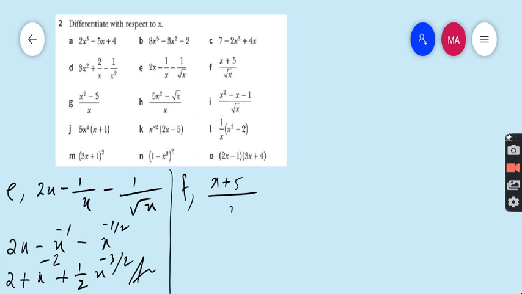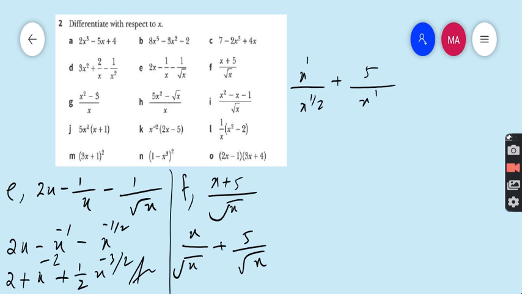x plus 5 upon root x. Simplify it first. Divide root x into each and every term. Then x to the power 1 upon root x means x to the power half. Plus 5 x to the power half; this 1 upon 2 should be subtracted from 1 because I am simplifying it, and x to the power 1 upon 2 in the denominator becomes the numerator x to the power minus 1 upon 2. 1 minus 1 upon 2 is 1 upon 2, plus 5 into x to the power minus 1 upon 2.